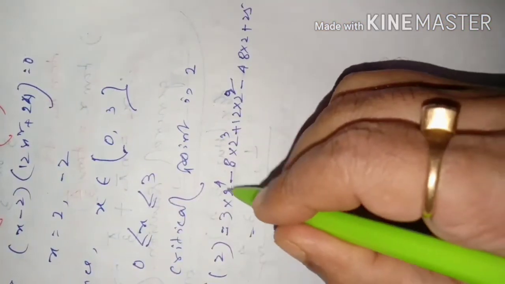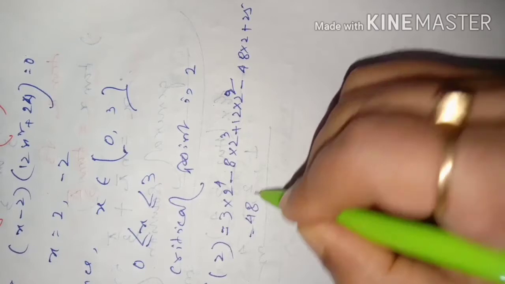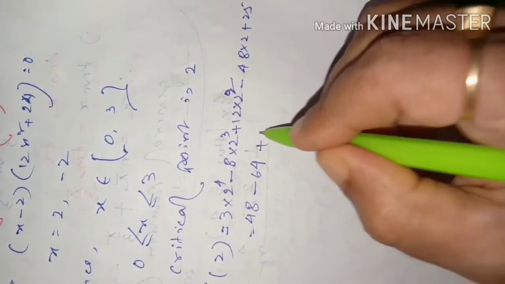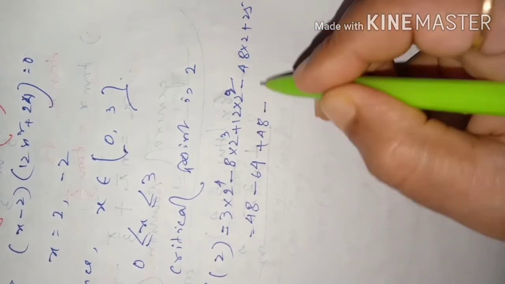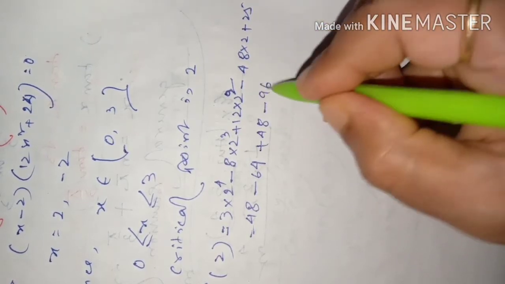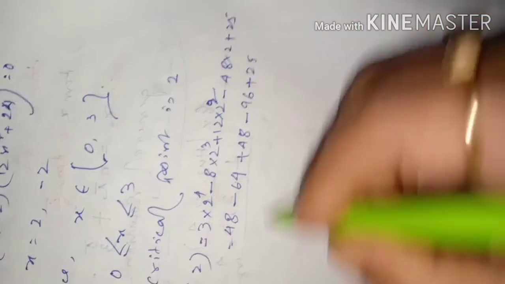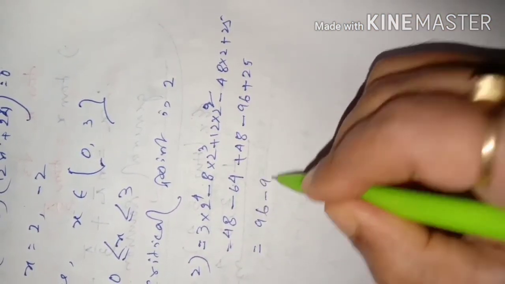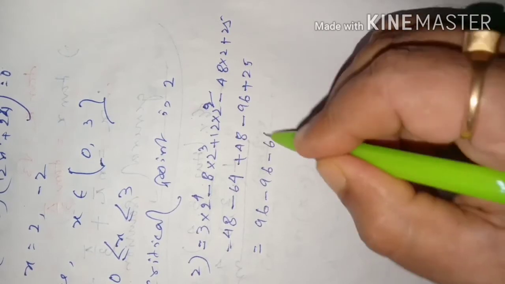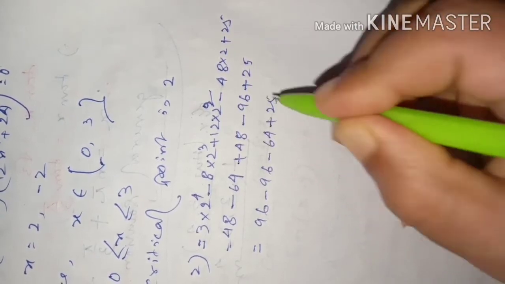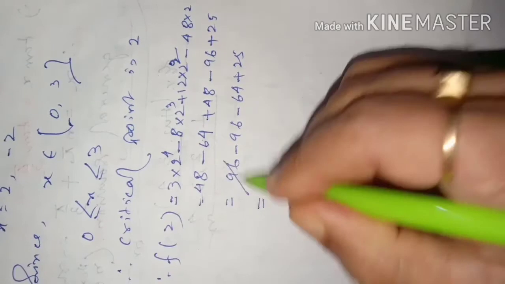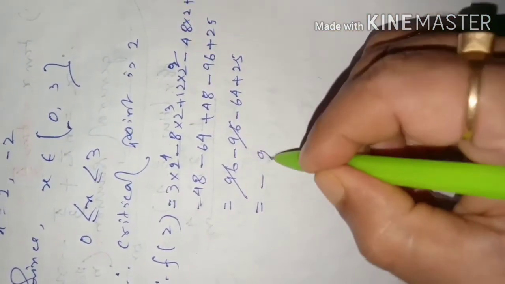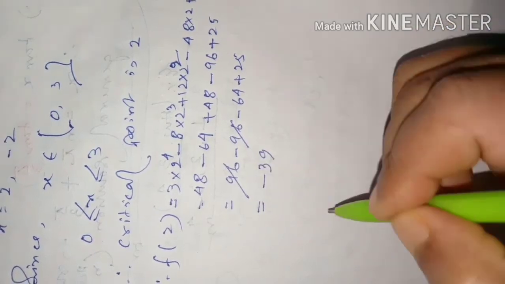So this will be 48 minus 64 plus 48 minus 96 plus 25. So 48 plus 48 is 96, minus 96 cancels, leaving minus 64 plus 25, which is minus 39.